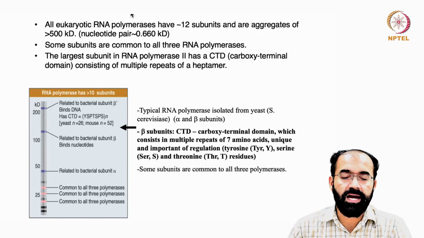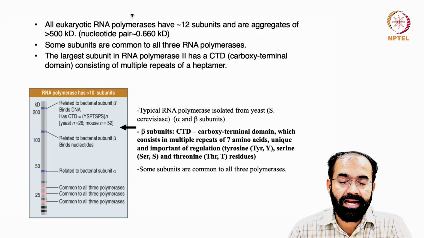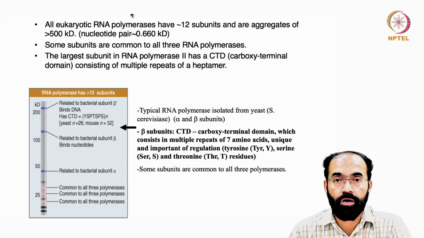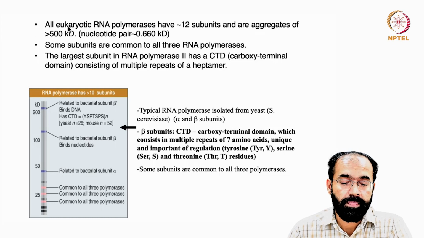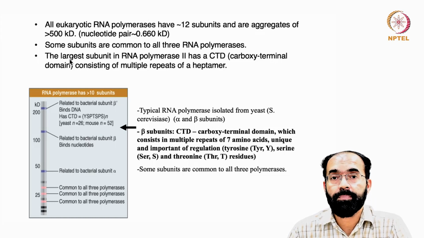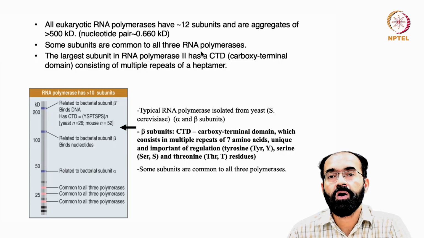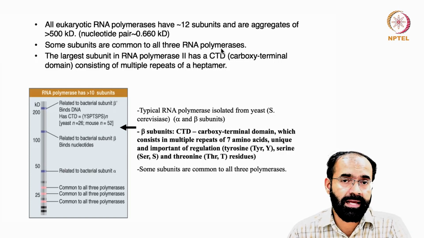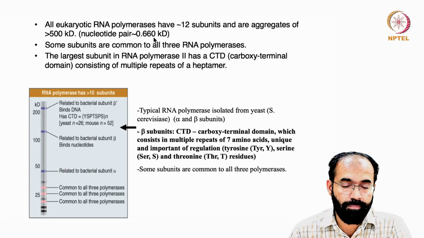So all eukaryotic RNA polymerases have about 12 subunits, and they are aggregates of the order of 500 kilodalton, which is a pretty large molecule. Some subunits are common to all three RNA polymerases, like polymerase I, polymerase II and polymerase III can have common subunits.